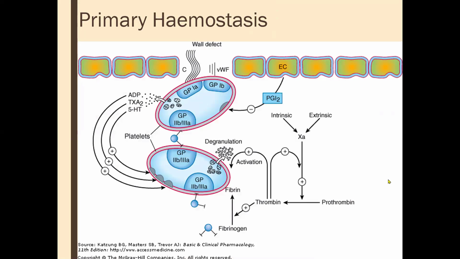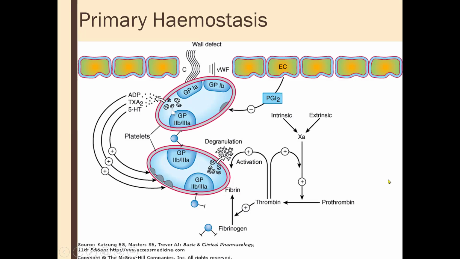The first is platelet plug formation, right? So there were 3 A's: adherence, activation, and aggregation, right? Here, there are a few molecules we should know, because these will be the targets of the drugs that we'll be discussing.